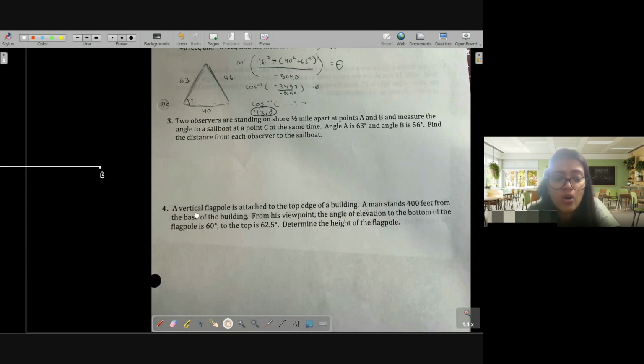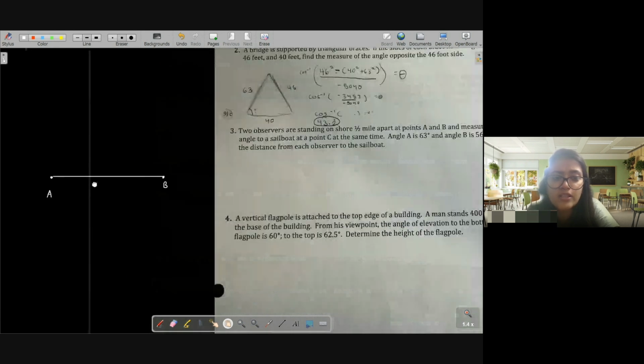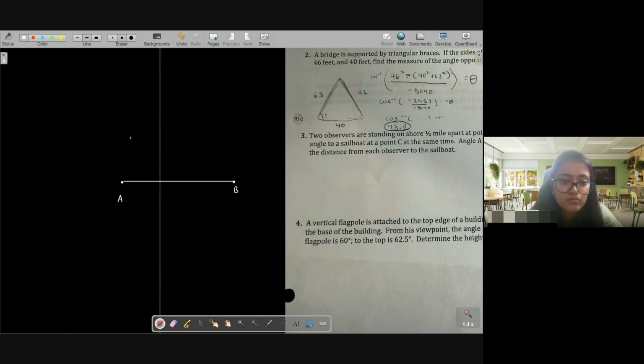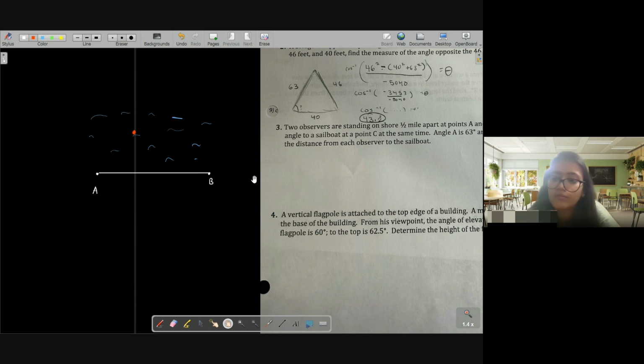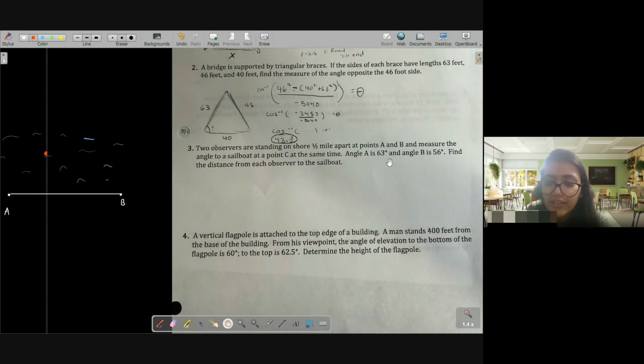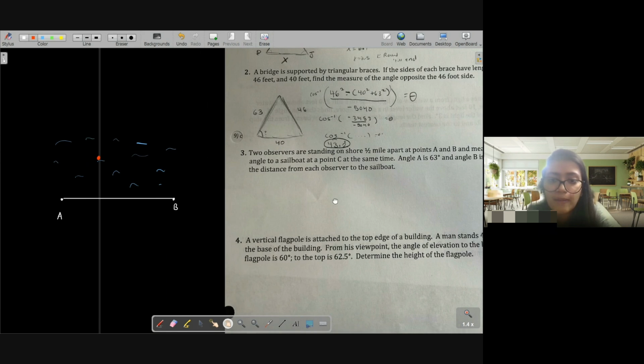This is the shore, and over here there is all water. This is all water. And somewhere here there is a point C. And at point C there is a sailboat. Angle A is 63 degrees, and angle B is 56 degrees.